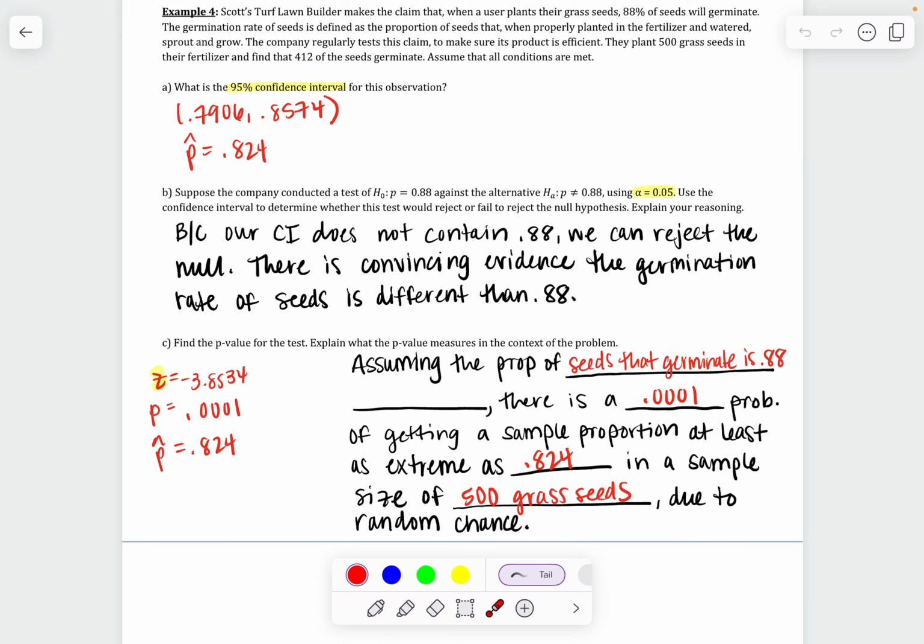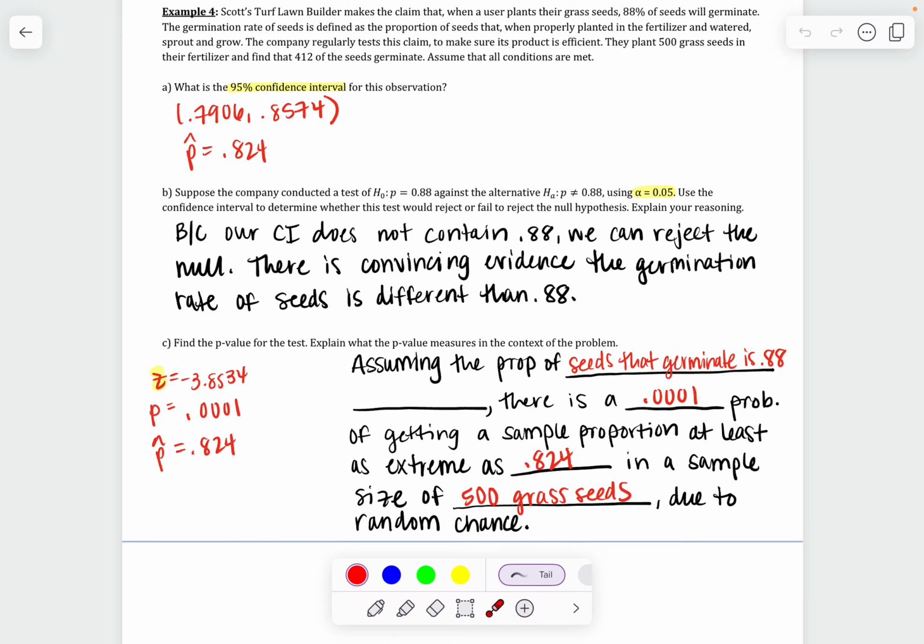Now, I'm looking at the value that they are testing, and they write the null and the alternative within the question. They say 0.88. Because 0.88 is not inside of my confidence interval, and they're saying the null is p equal to 0.88, that means there's no possibility of the null being true because it's not in the interval I created.